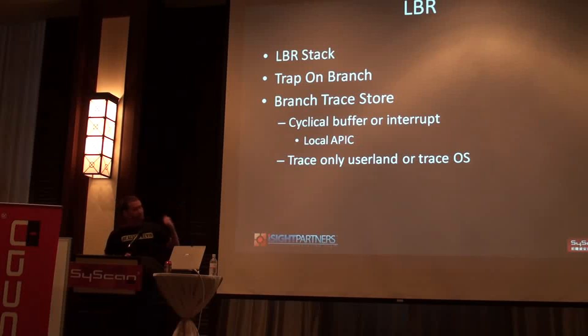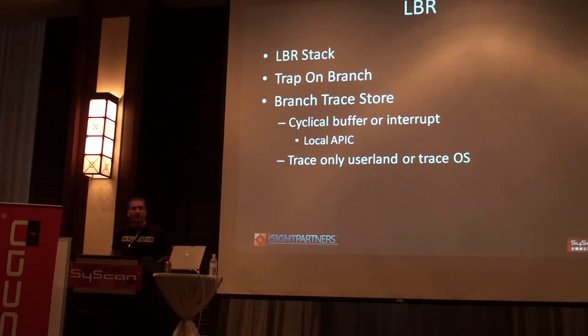And they have this awesome thing called the branch trace store, which is the facility that I'm using in the tracer today, and it uses the debug store facility of Intel chips. There are 2 ways you can set it up that I'm aware of. You can set it up as a cyclical buffer, which means you tell the processor, okay, I have this buffer to record branches, and it'll just overwrite itself, and you have to copy data out of the buffer on your own time.